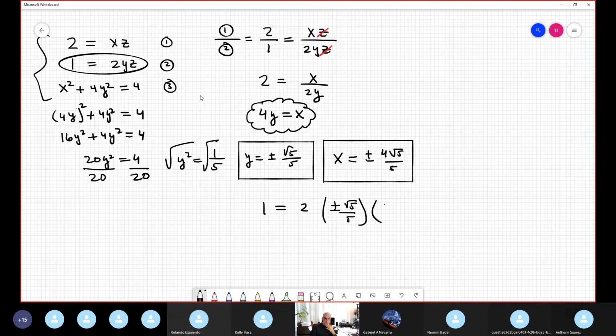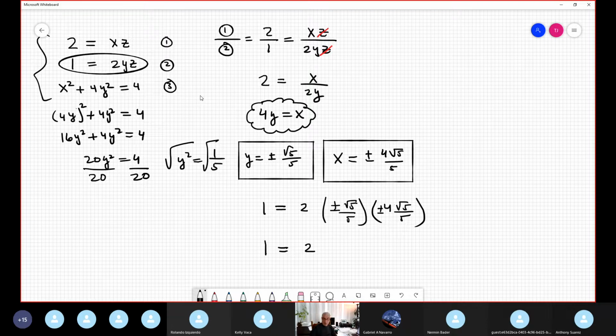And 4 times plus and minus again, radical 5 over 5. Now multiplication. Multiplication is 1 over 2. Radical 5 times radical 5 over 5 is 1/5. It's exactly the same.